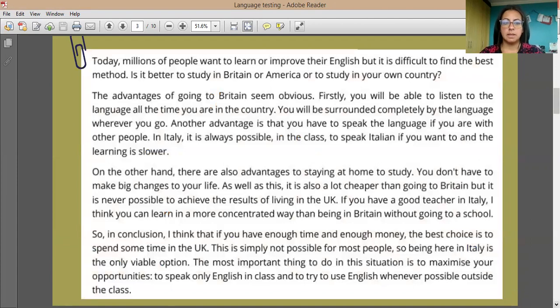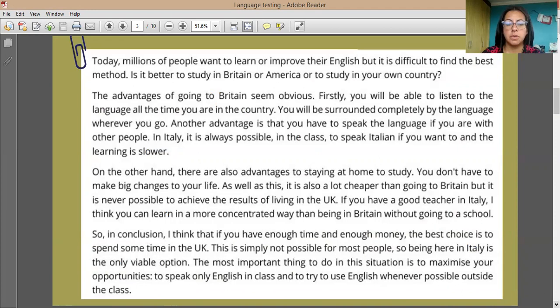This is the text that I selected for this activity. I'm not going to read everything because of the time, but the text is about the advantages of going to Britain to study and also the advantages of staying at home to study.